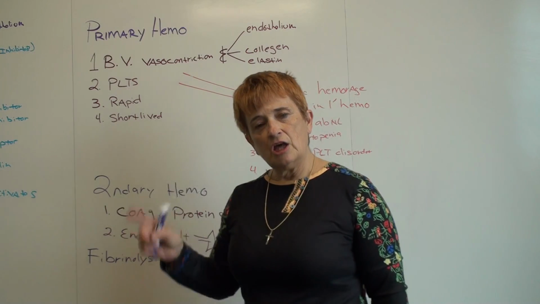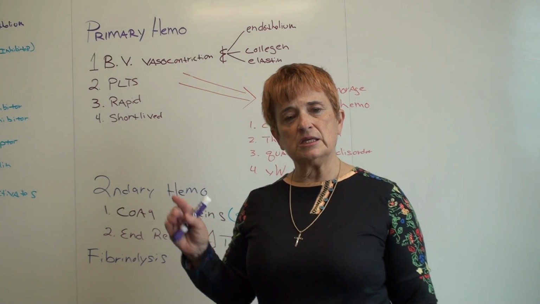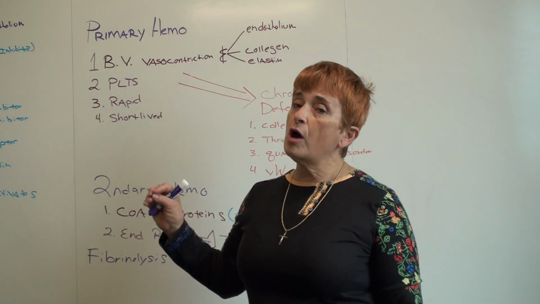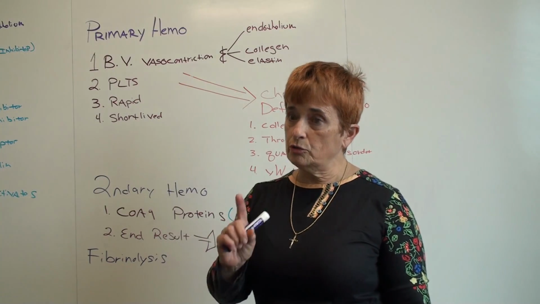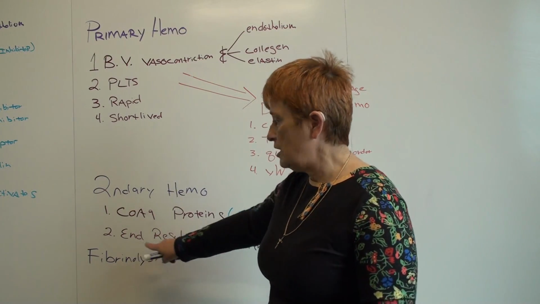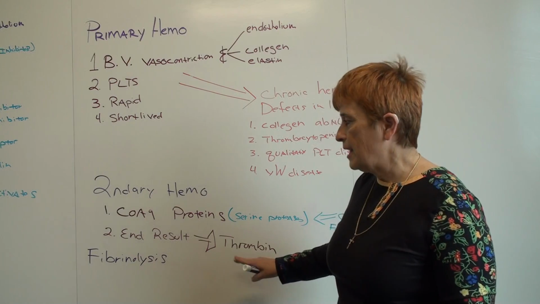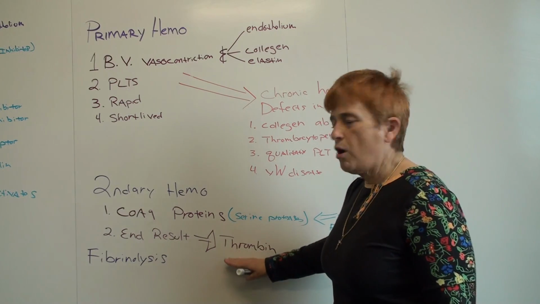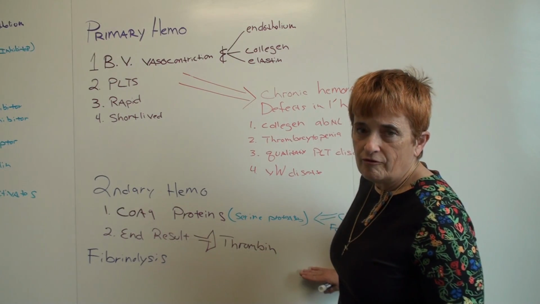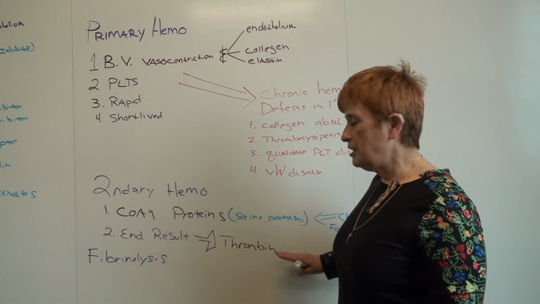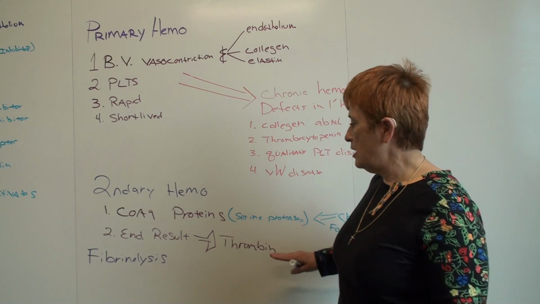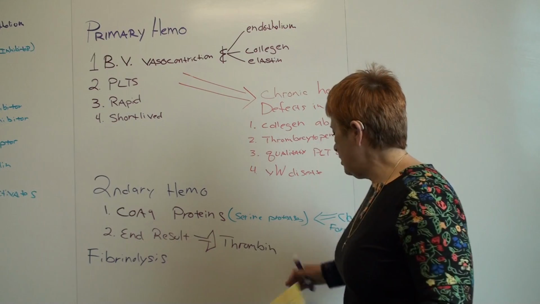And the other thing with secondary hemostasis is that the end product of it is supposed to go to thrombin. The end result is thrombin. The next step, thrombin does need to go to fibrin, and then it makes the nice clot. And then we've got to get rid of the clot.